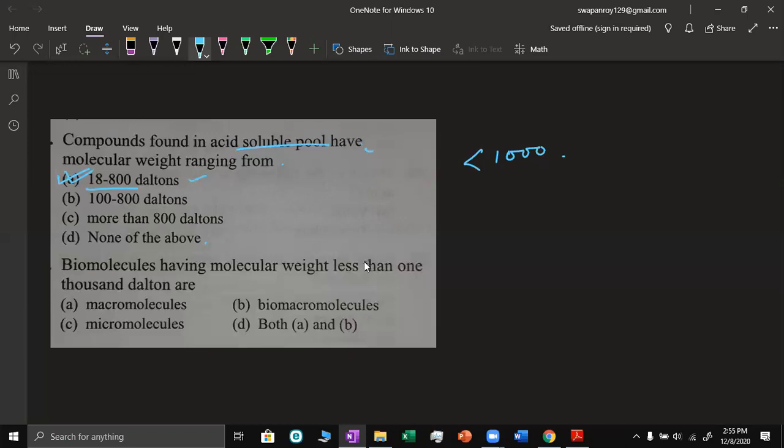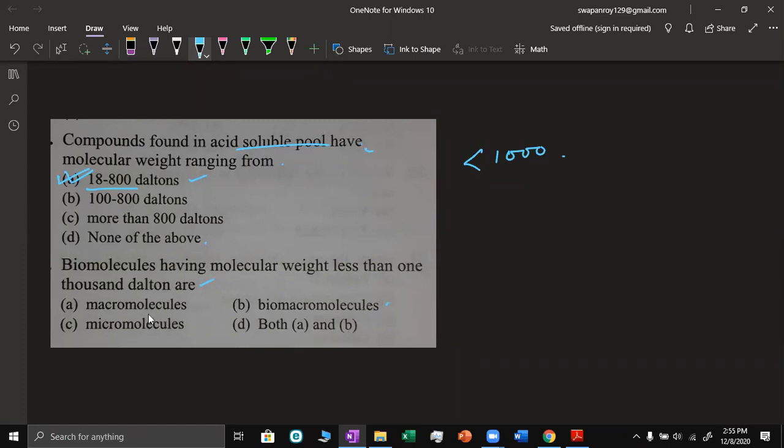In the acid insoluble portion, those found have molecular weight greater than 10,000. So biomolecules having molecular weight less than 1000 Daltons are macromolecule, micromolecule, biomacromolecule, both A and B?